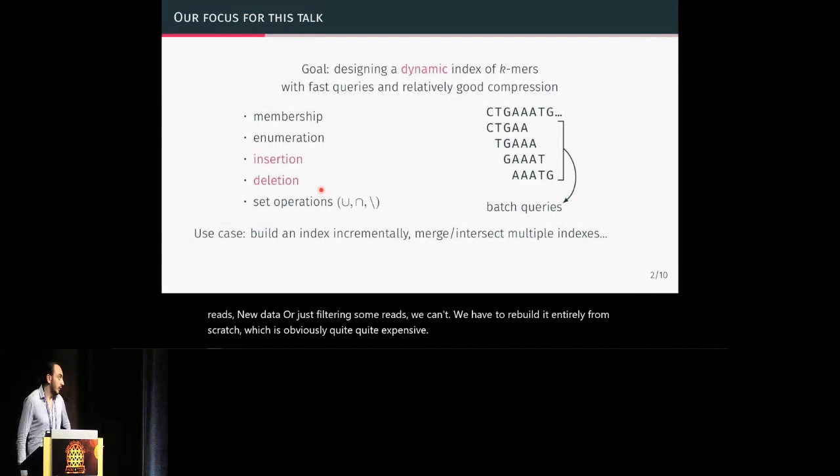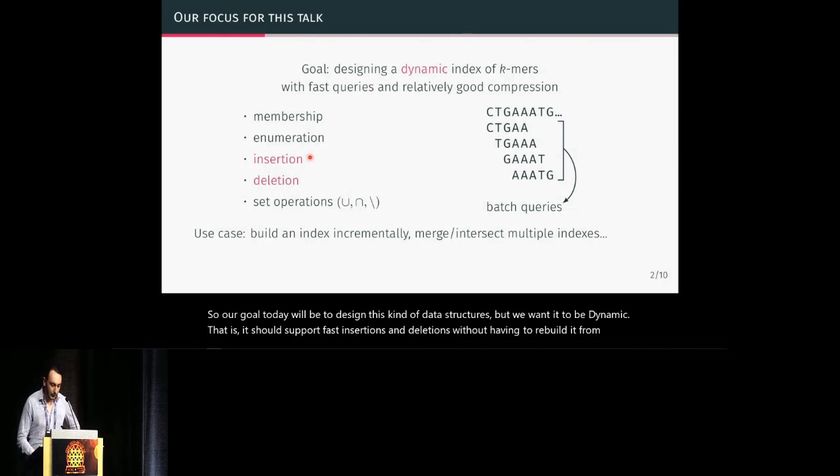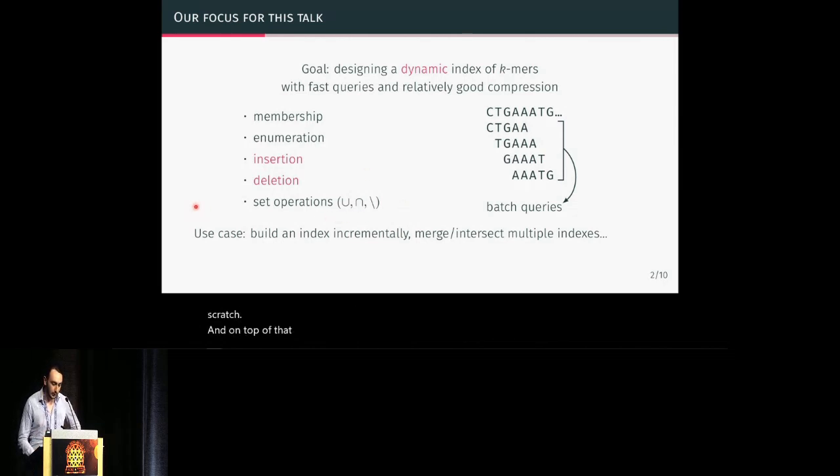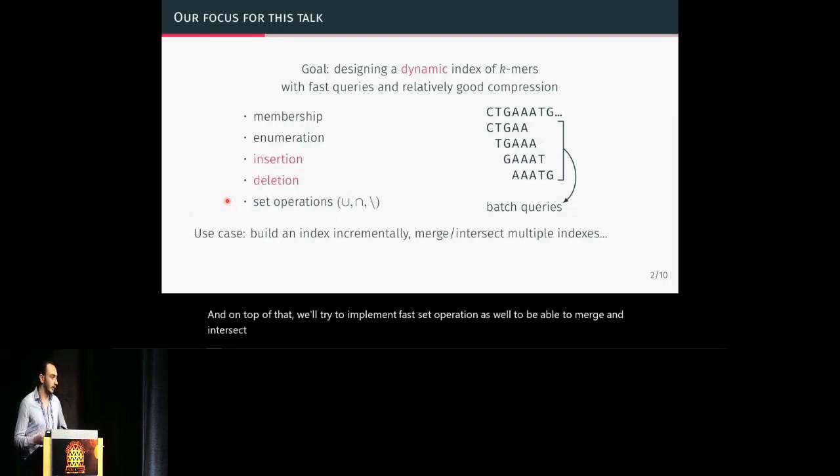So our goal today will be to design this kind of data structure, but we want it to be dynamic. That is, it should support fast insertions and deletions without having to rebuild it from scratch. And on top of that, we'll try to implement fast set operations as well, to be able to merge and intersect multiple indexes in little time.